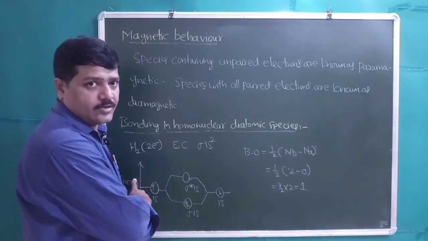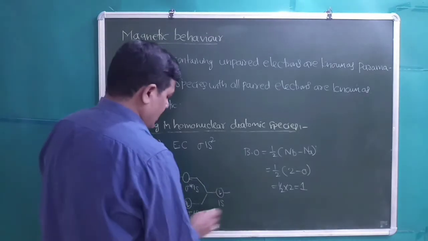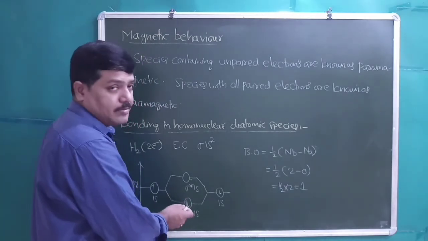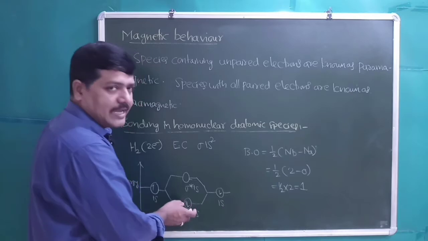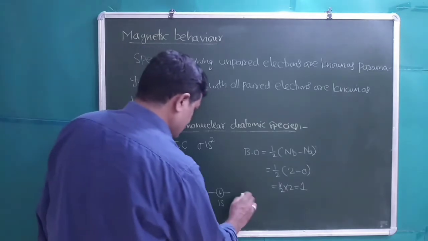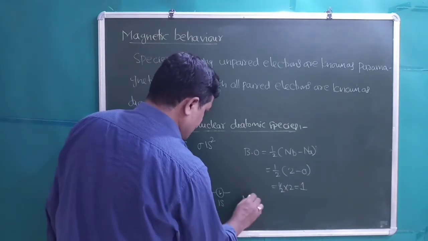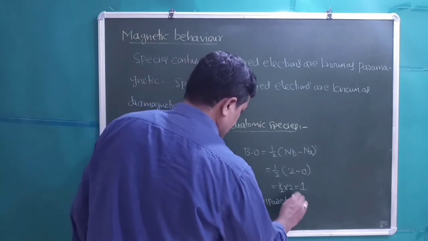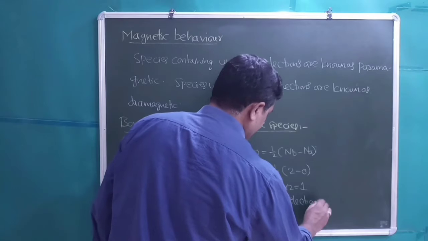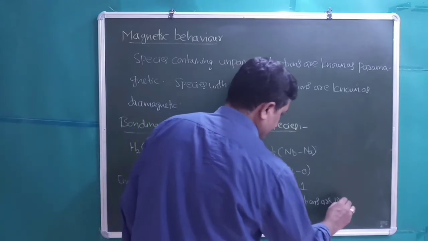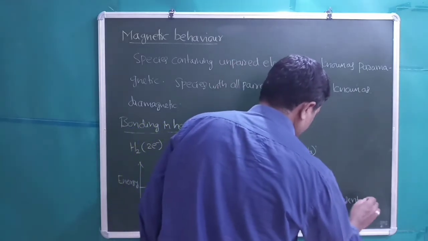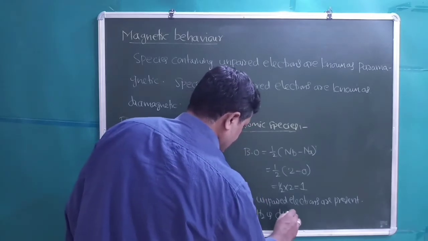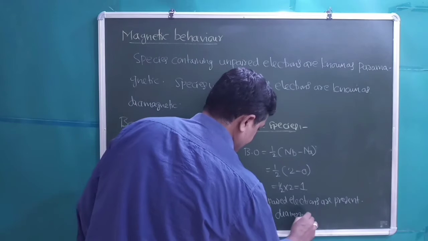For the H2 molecule, bond order is 1. Both the electrons are present in the form of one pair. No unpaired electrons are present. So H2 is diamagnetic.